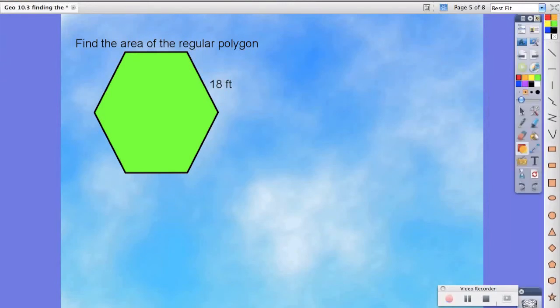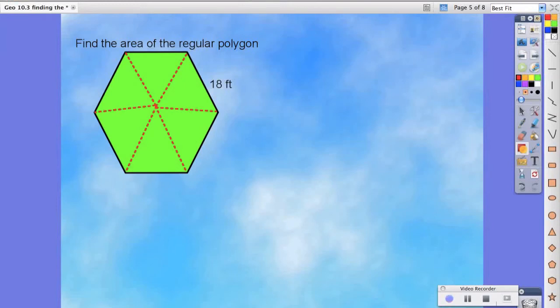Now, in a regular polygon, we're going to create some triangles. So in this hexagon, there should theoretically be 6 triangles, like so. And keep in mind, these are all considered a radius because this could be inscribed in a circle.